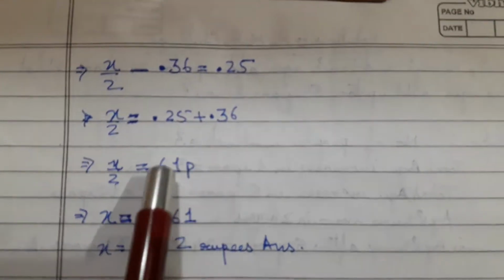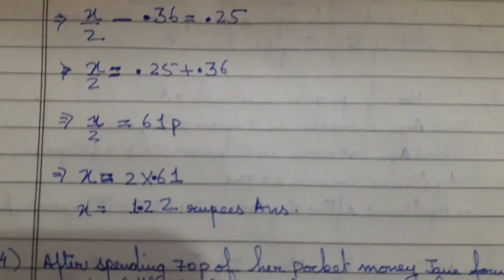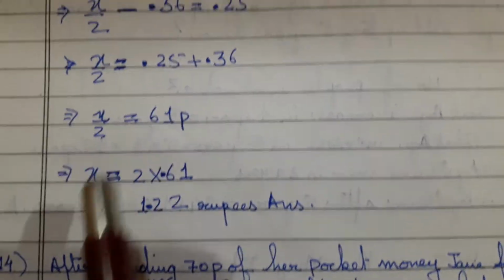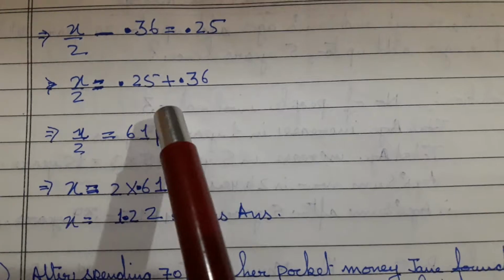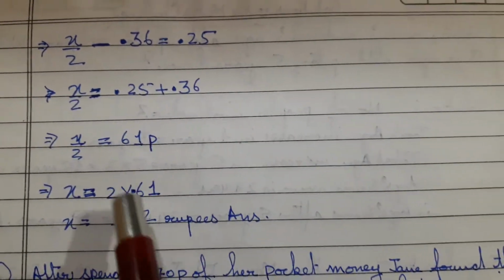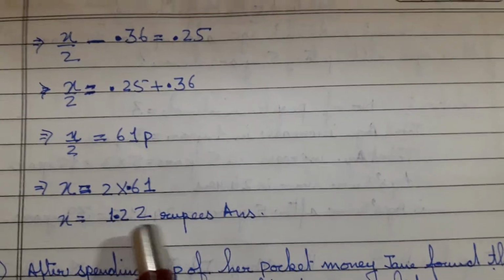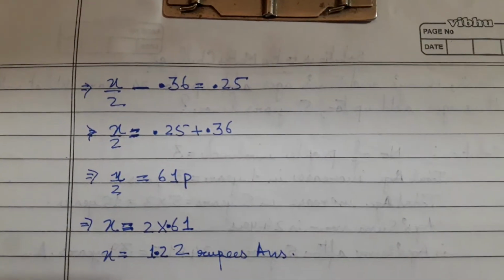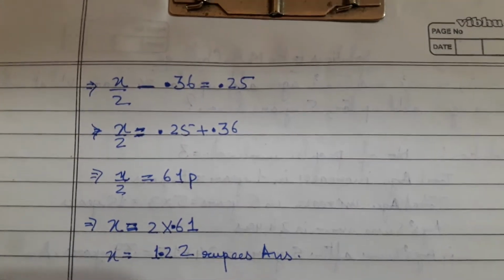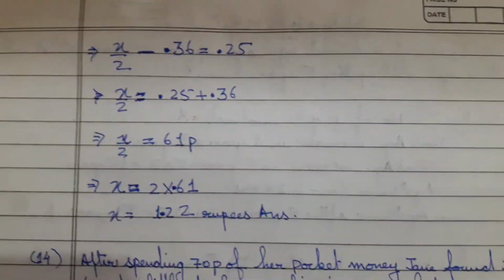So half his pocket money is 61 paise, and now double it, multiply it by 2, right? So 2 into 0.61, so 1.22 rupees is your answer. Just focus on this. Hope you understood it. If you have not, you can always write back to me.